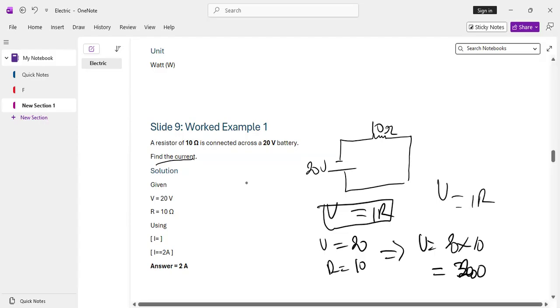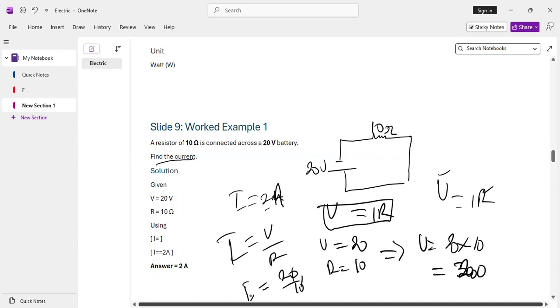We already know V and we know R. So our I is equal to V over R, and I should be equal to 20 over 10. So the current is 2 amperes.